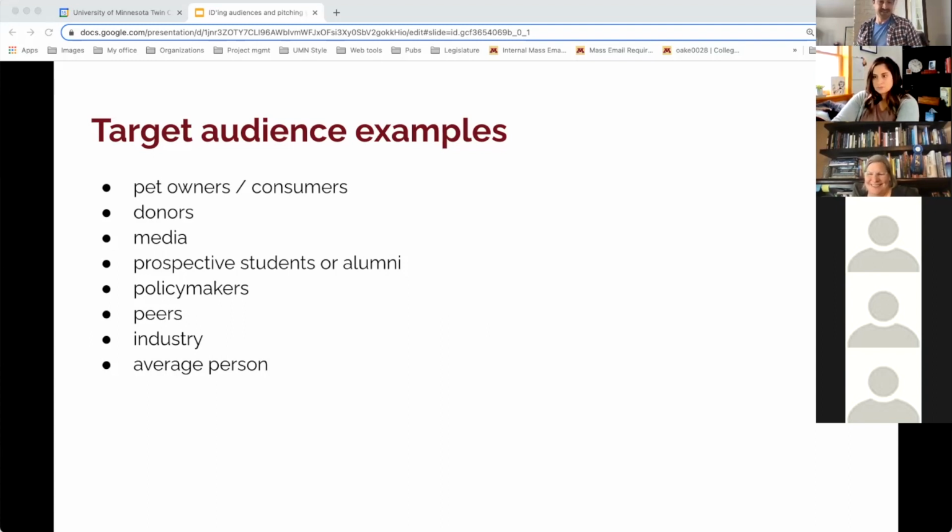Yeah, it is. And I think it's important to also consider the average person also fits into all of these other target audiences at some level. And to that end, there's really not one general audience or lay audience.